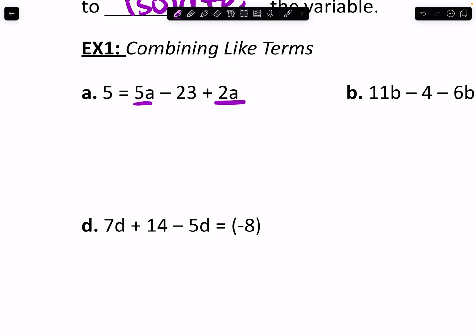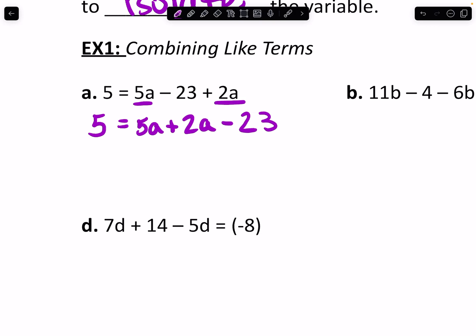It is encouraged that you rewrite it and put the variables together with the appropriate operation or sign in front of it. So I moved those using the commutative property and then brought down the minus 23 and the equals 5.